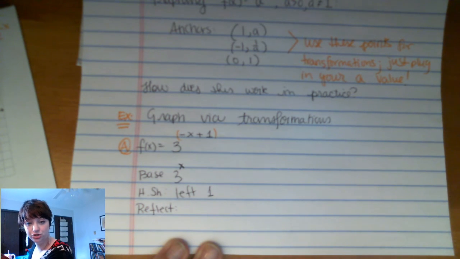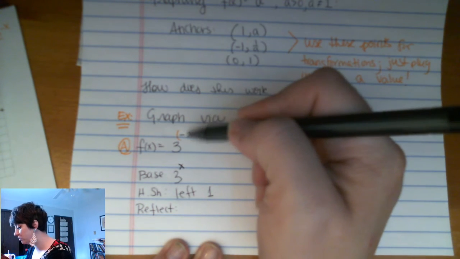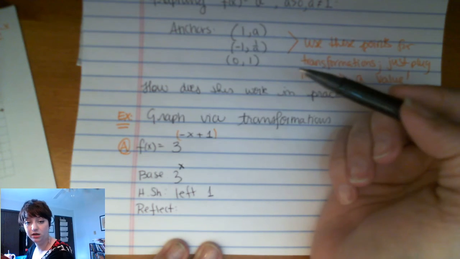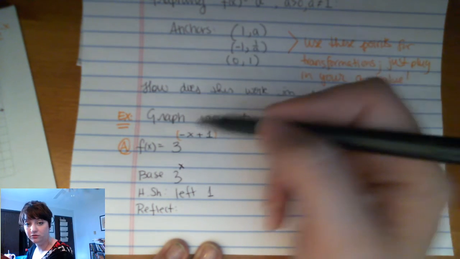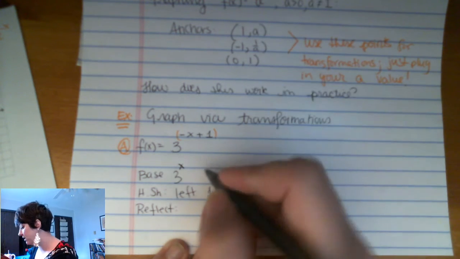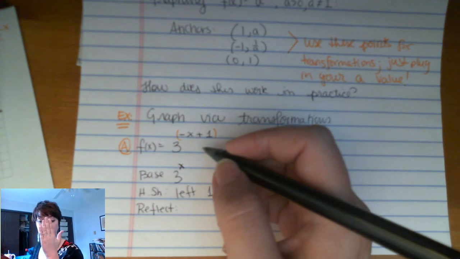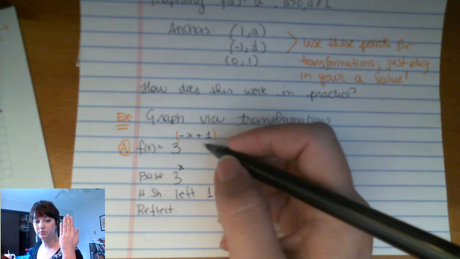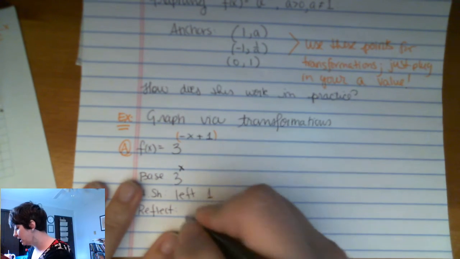And then reflection. So the reflection is a multiplication by a negative, which is right here. It's inside of my exponent, so inside my function, meaning I change x values. So I'm going to go from positive x's over to negative x's. I'm going to reflect about the y-axis.